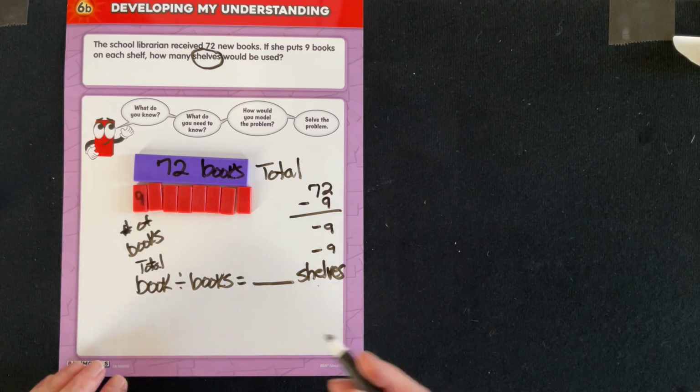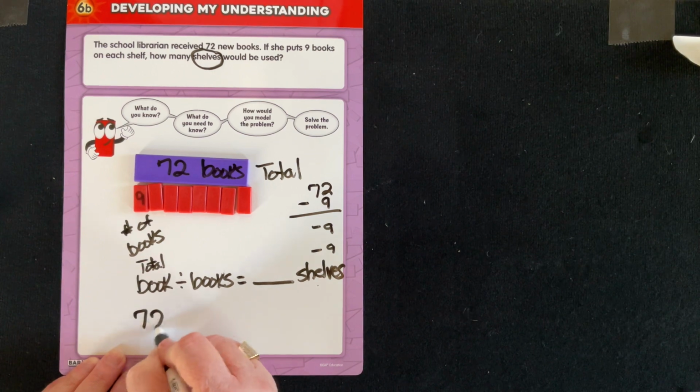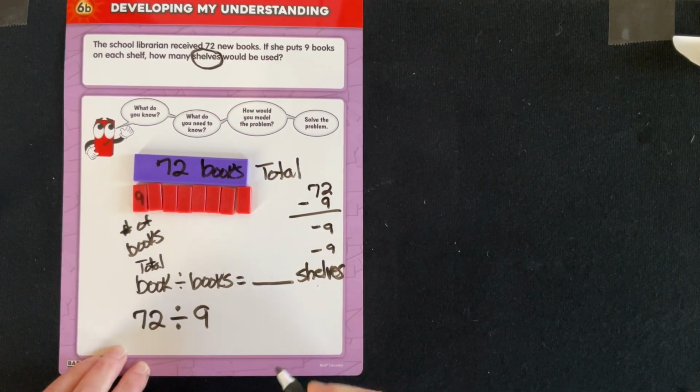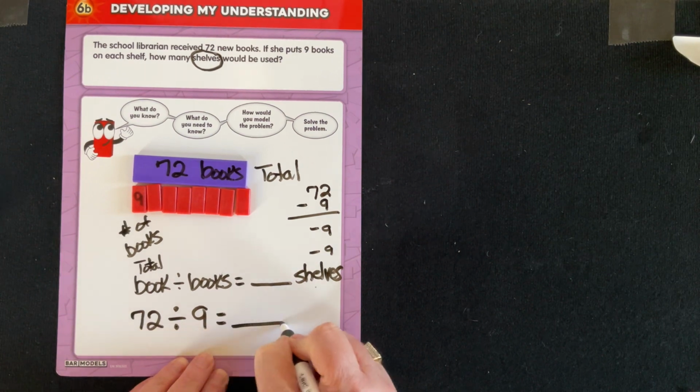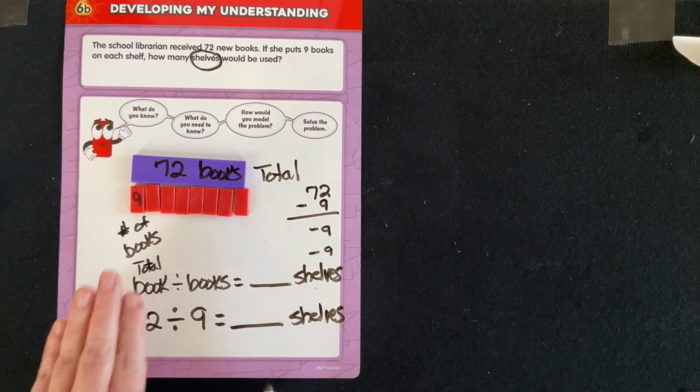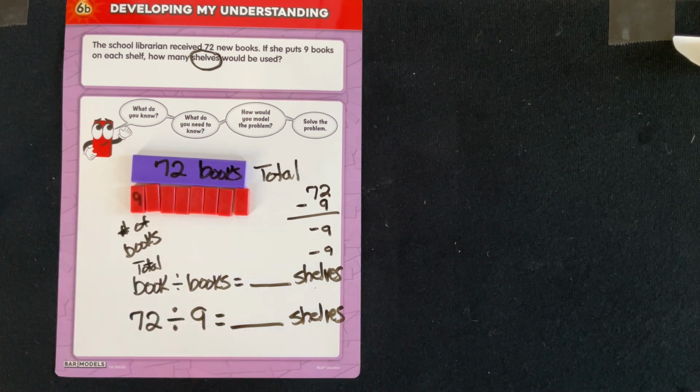So what we're going to think about is we have 72, and we are dividing this by 9. And I want to know how many shelves that this is going to be. This is an opportunity to really talk to kids about that connection between multiplication and division. What number times 9 gives you back 72?